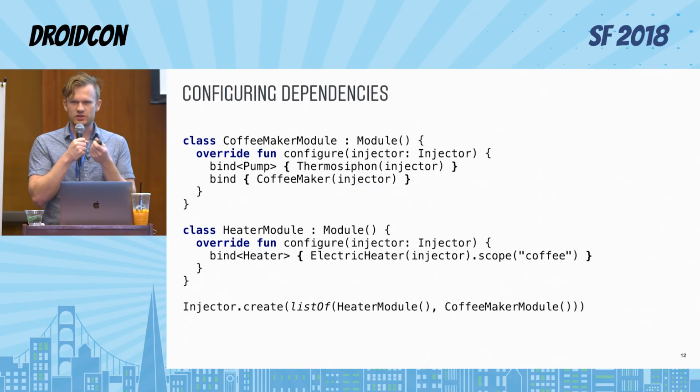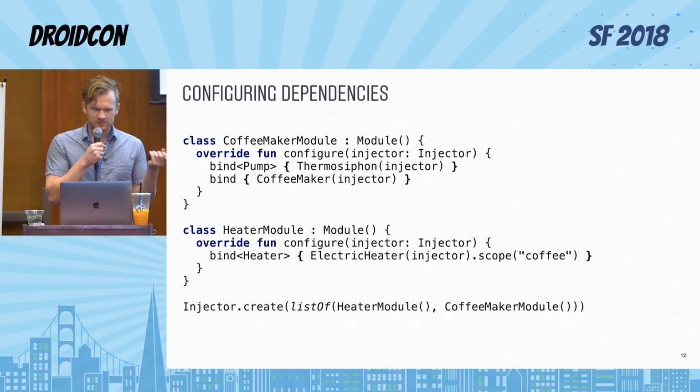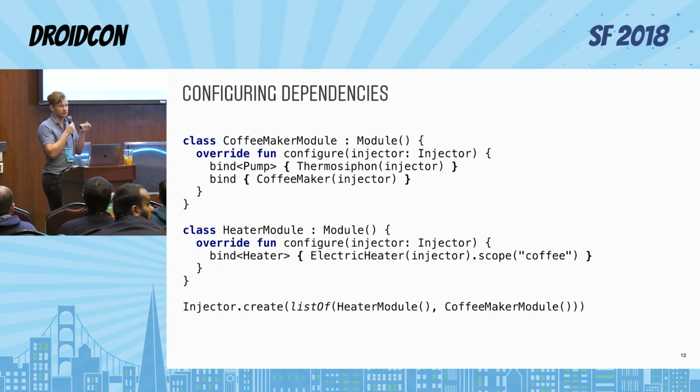So how does Injector actually resolve dependencies? Probably a lot of you who are familiar with dependency injection know that this configuration happens in classes called modules. Here I have a couple of modules. One module for our coffee maker specifies how the pump instance needs to be created and the coffee maker itself.